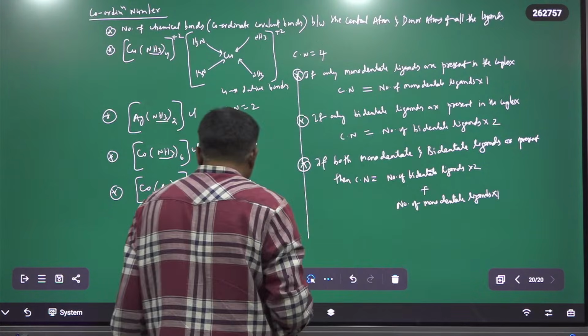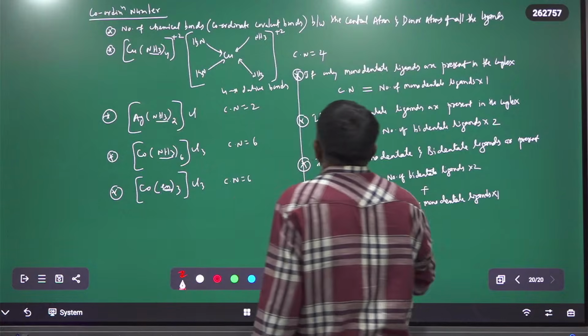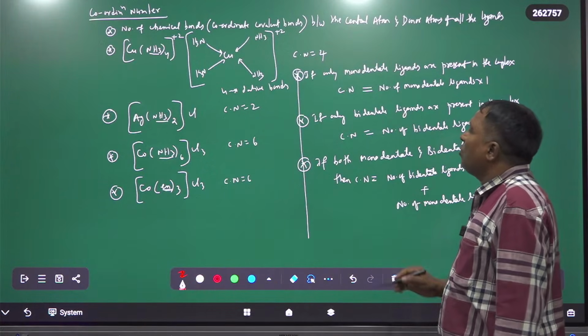So these are the formulas used to calculate coordination number.